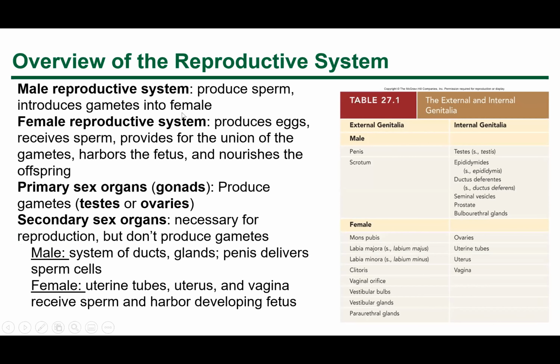So these are the classical definitions based on observations of both genitalia, internal and external, and gametic sex. So when we say male, what we typically mean as scientists is the sperm producing member of the species, which introduces gametes into the female. And then female reproductive system produces ova, which are also special, although not flagellated.